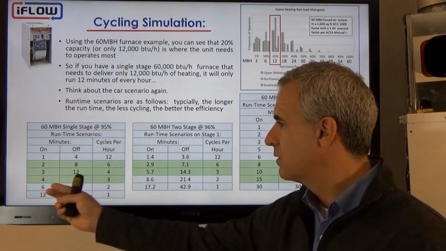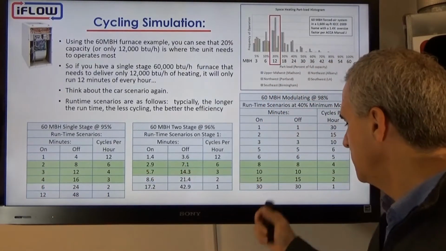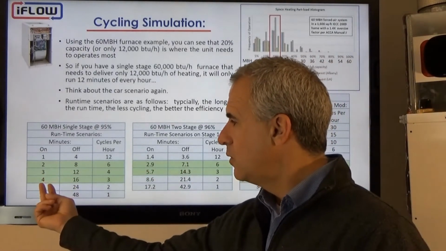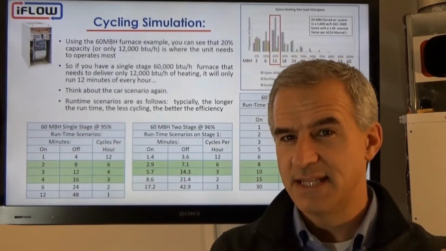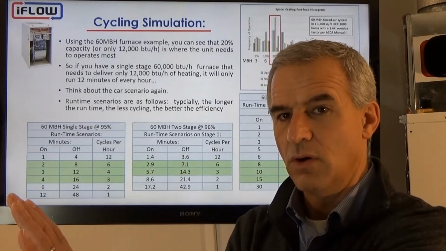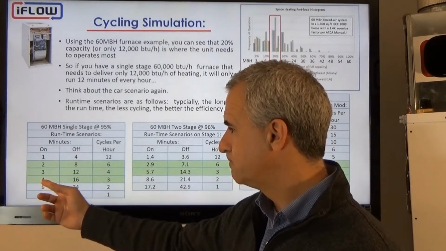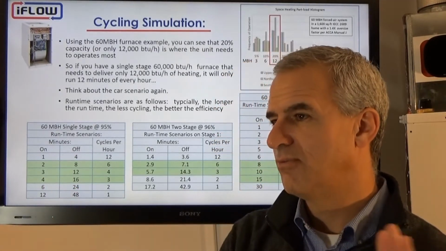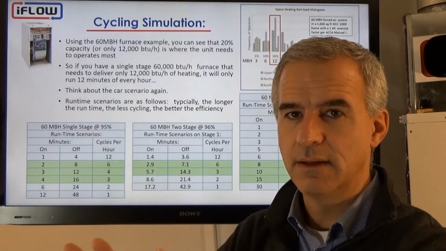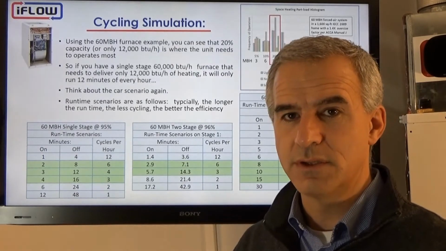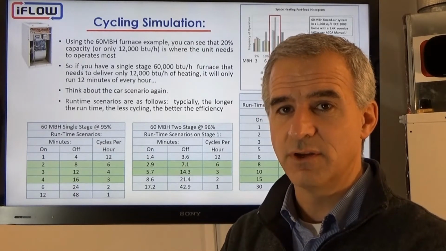But the run time is very short, and we lengthen it up. So when you have a short run time, what that means is you're delivering 60,000 BTUs in that 4 minutes. So you're full on, you're delivering lots of heat into the house very quickly, and then you're going to satisfy the thermostat very quickly.